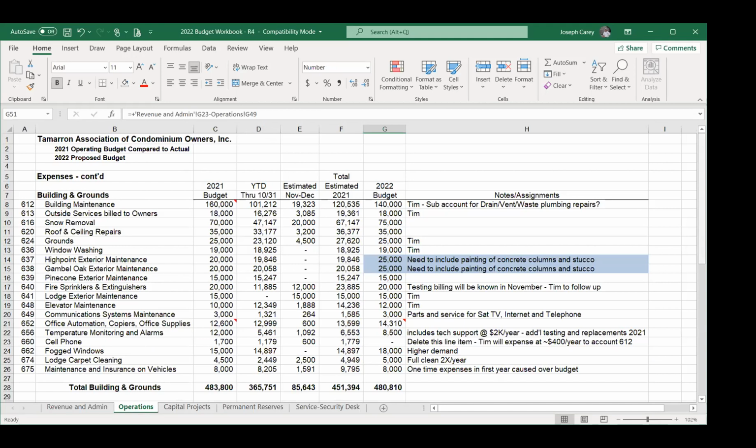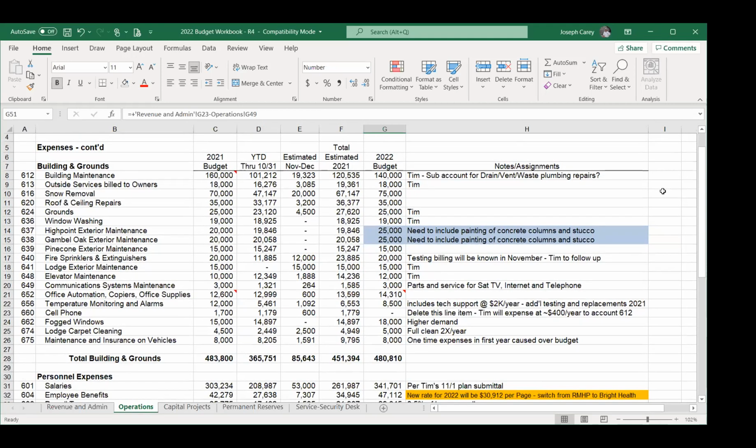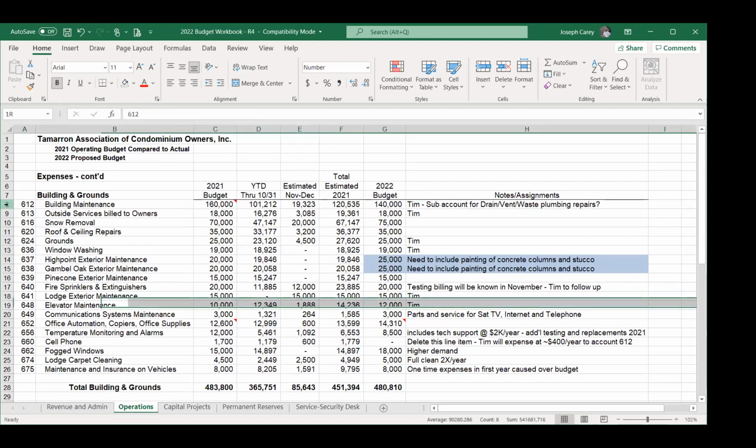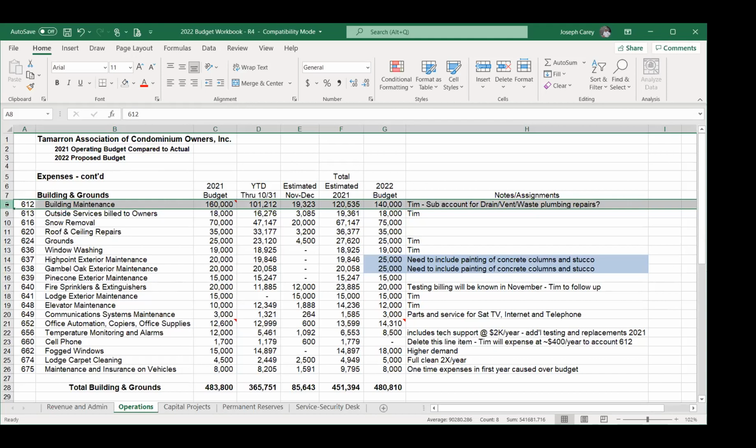Building and grounds expenses, this is pretty much all Tim's shop. Account 612 is building maintenance.